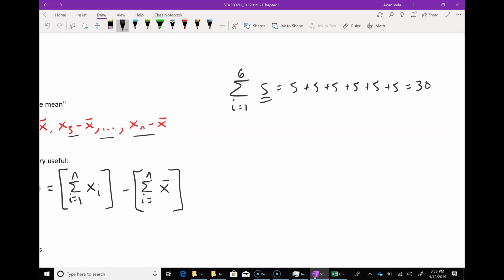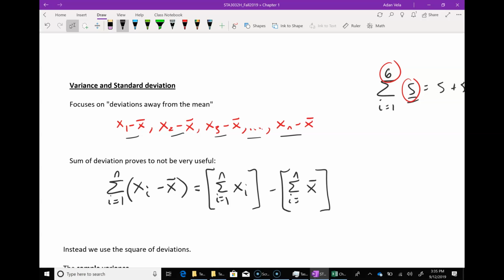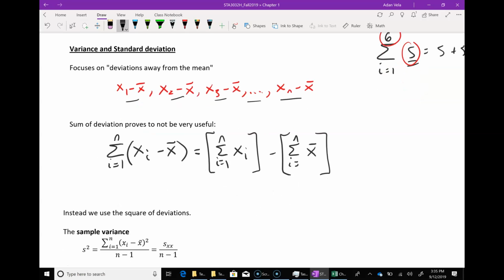All you're doing is taking the shortcut of multiplying. So the second summation is just going to be n times x bar, which is the sample mean.